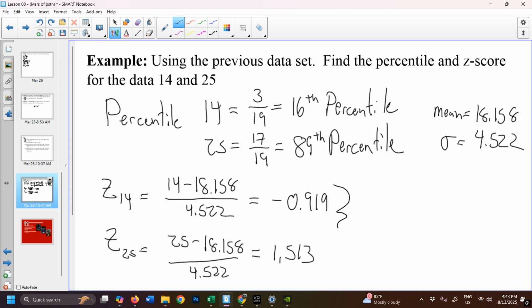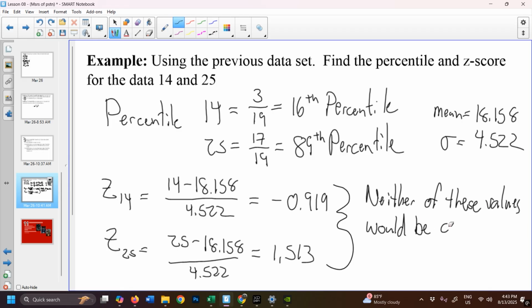And what that tells me is because neither of them are more than 2 standard deviations away from the mean, neither of these values would be considered unusual. Okay, moving on.